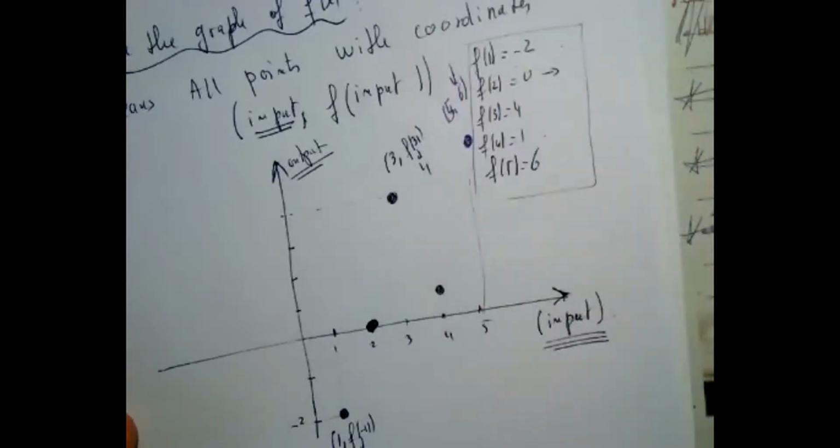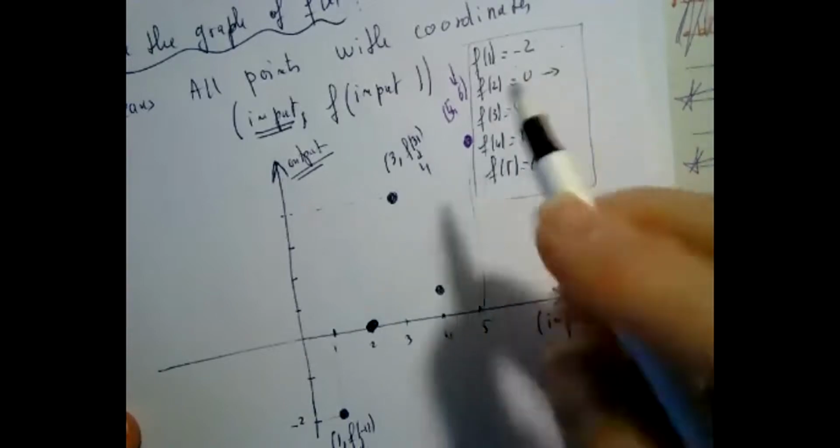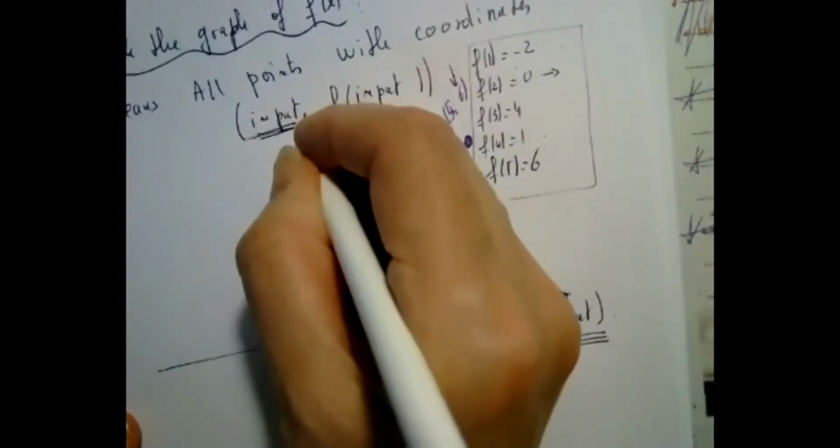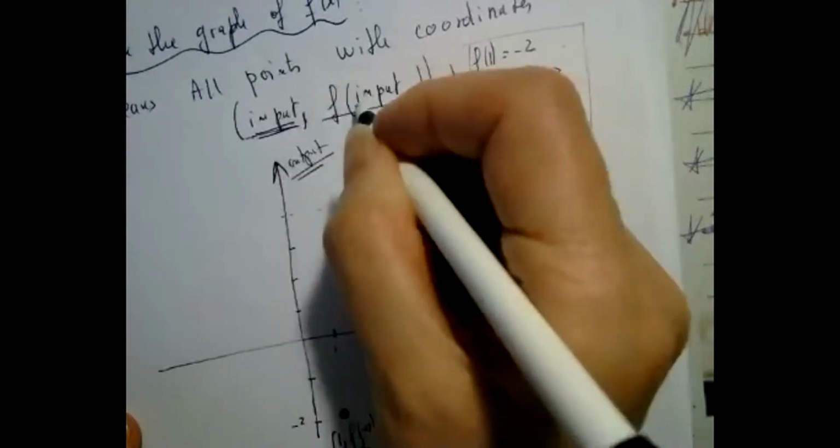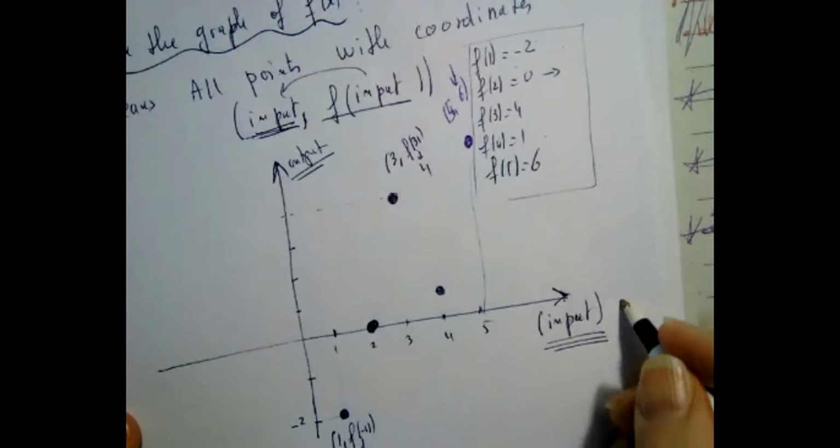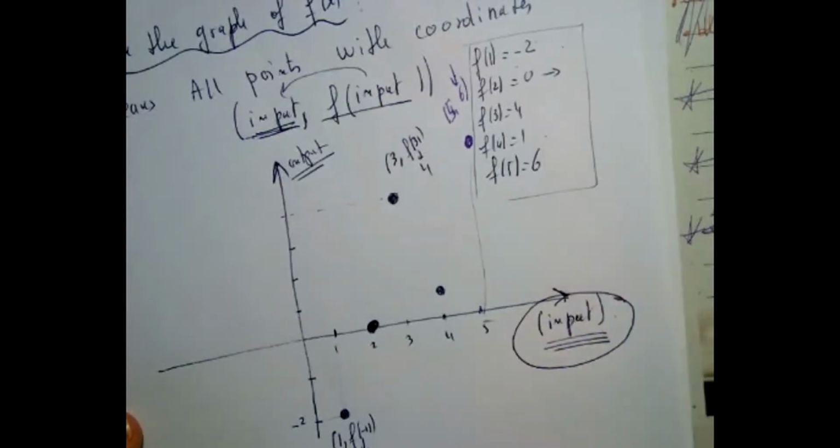Sketching the graph is nothing more than sketching all the points that have for coordinates the input and the value of the function at this given input. What matters is the input is always on the horizontal axis. The outputs are on the vertical axis. That's what it means to sketch the graph.